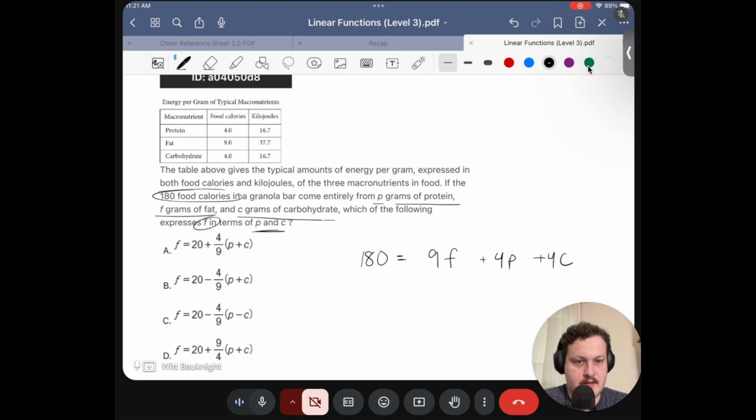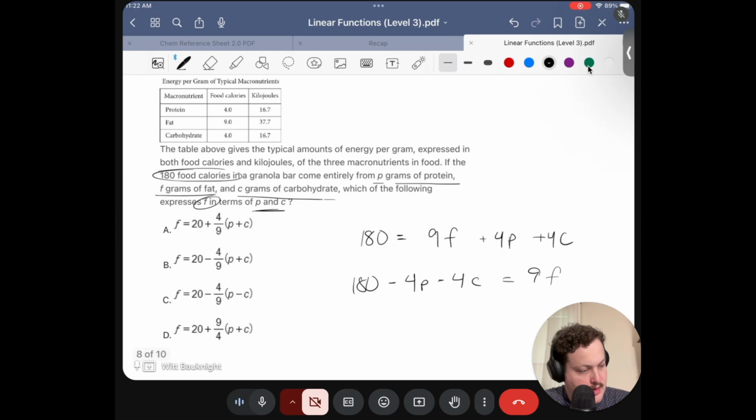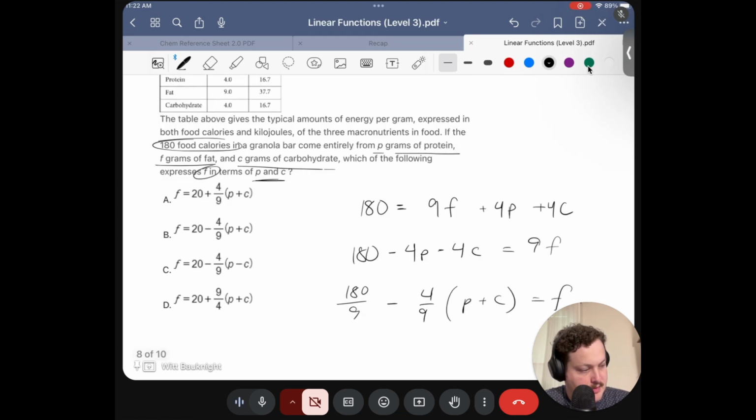That's because for every gram of fat, it's 9 calories. All right, so we're trying to get F by itself. 180 minus 4P minus 4C equals 9F. 180 over 9 minus 4 over 9 P plus C equals F. And I believe that is 20.